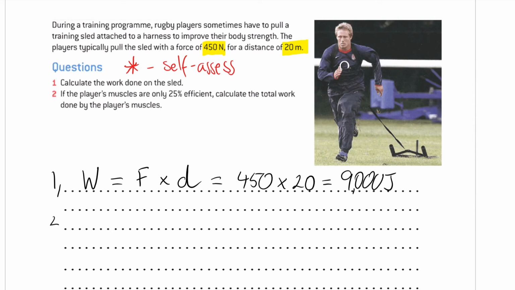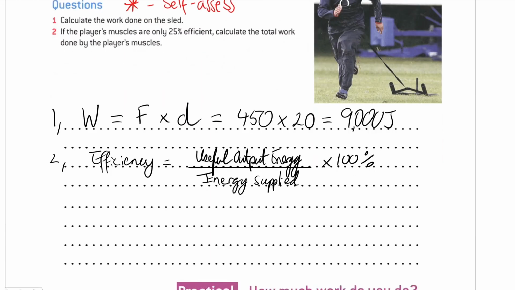And question 2: if the player's muscles are only 25% efficient, calculate the work done by the player's muscles. Now you could answer the question using this equation we used in year 10, or more simply, 25% efficient means that useful output energy, which is 9,000 joules, is 25% of the energy supplied.